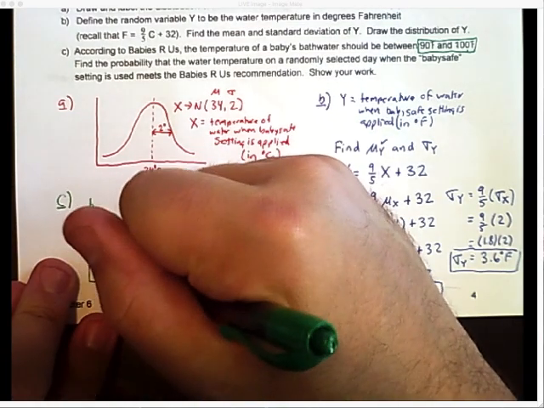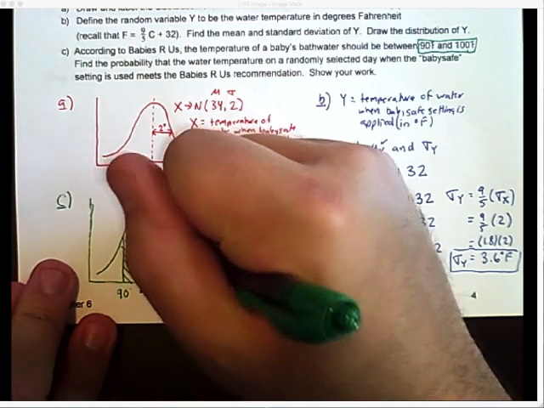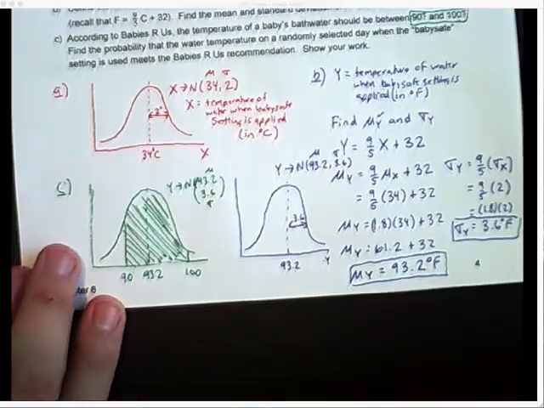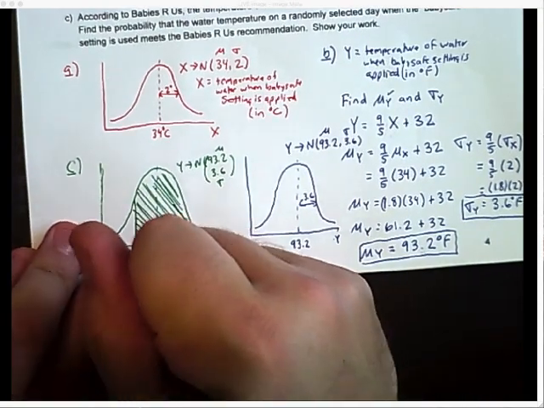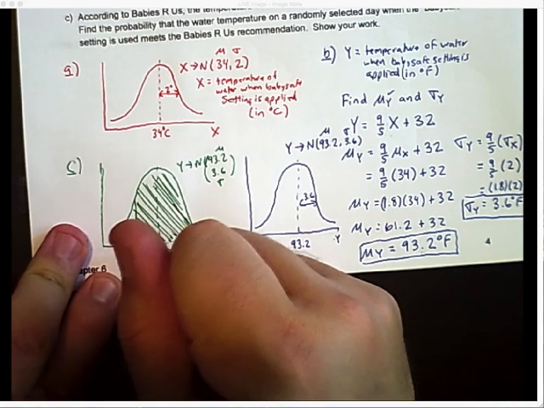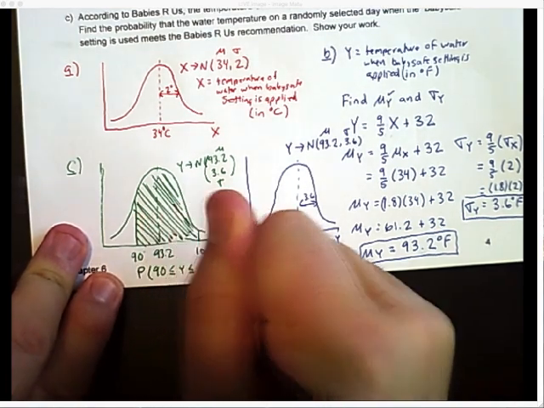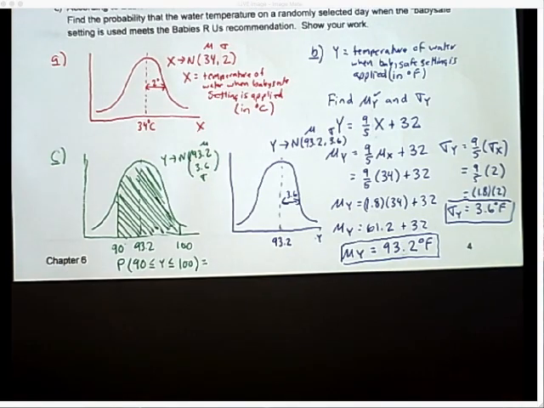So what I'm really asked to find is this area of the y curve. I'm trying to find the probability that y is between 90 and 100. That's what the question is asking me to do.